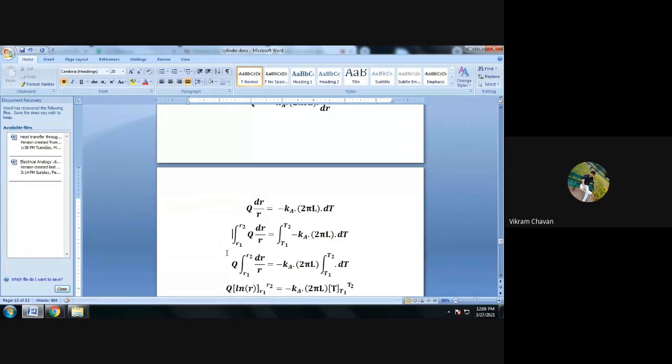On the right side we take minus K suffix A multiplied by 2 pi L out of the integration sign as a constant, and integrate dT with the limits T1 to T2.